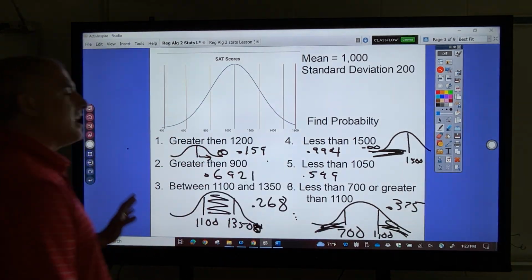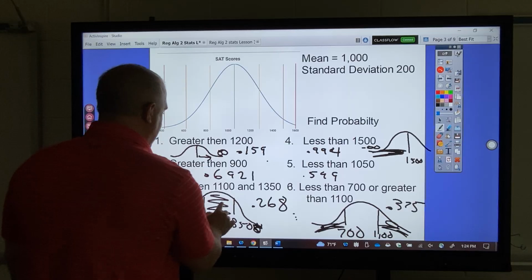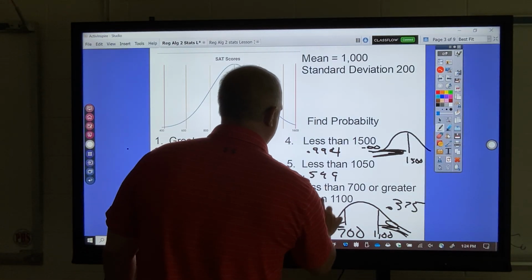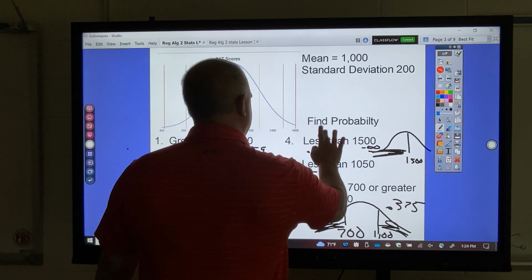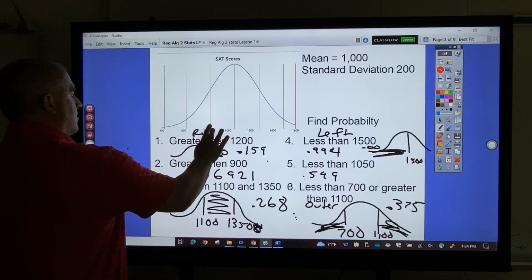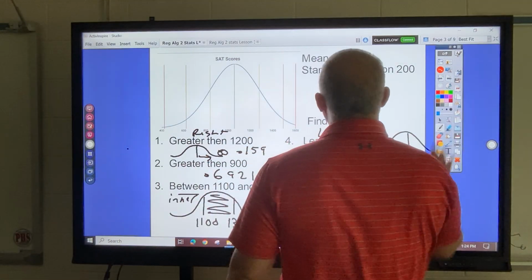All you got to understand is what it's asking for. Between, or inner. This is the outer one. Obviously, this is left, and this is right for greater. So don't overcomplicate them. Those are the probabilities.